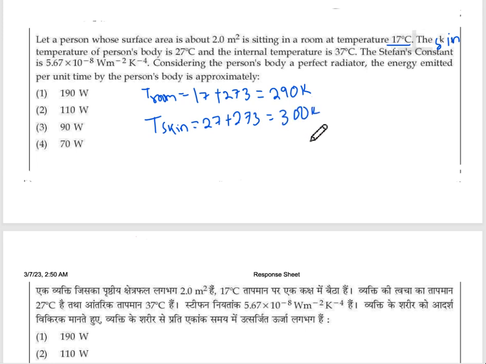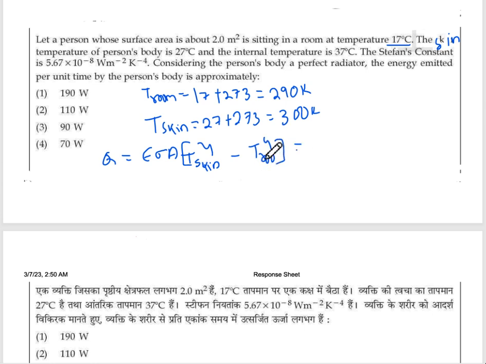Now, if you remember Stefan's radiation law, the energy radiated per unit time, Q, is given by the formula epsilon sigma A into T skin, the higher temperature, to the power four, minus T room to the power four.